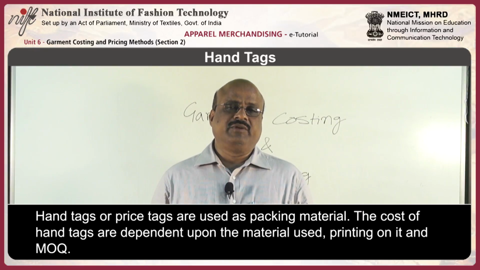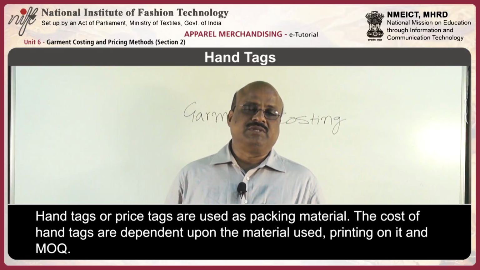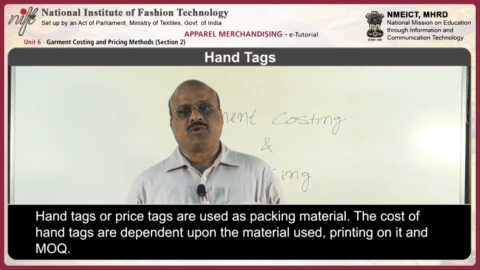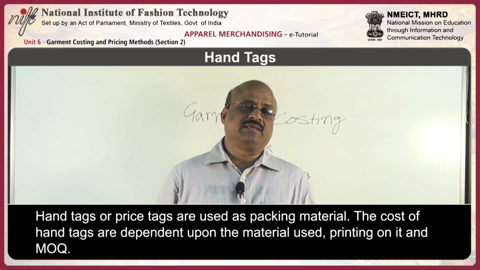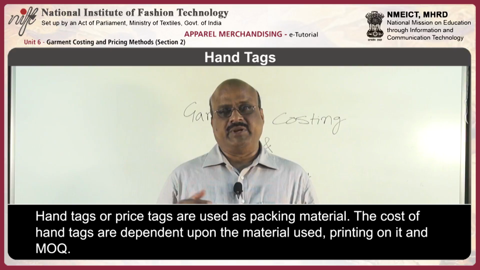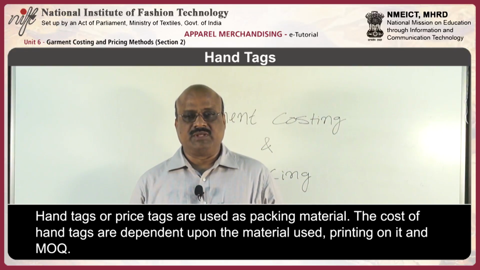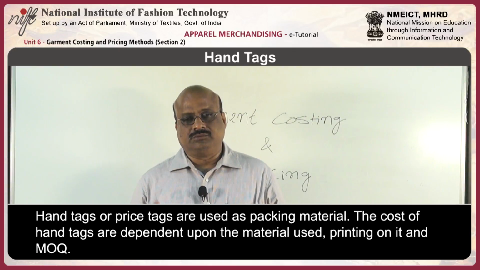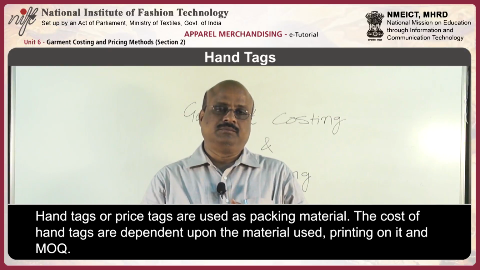Hand tags are again a very important trim, because they can be used as price tags or as product information tags. So the cost of hand tags depends on the material used, the dimensions of the hand tag, the printing used, and the minimum order quantity.